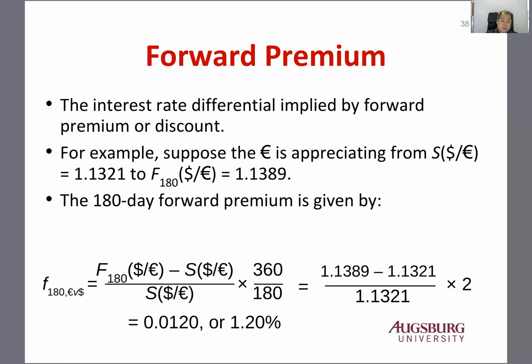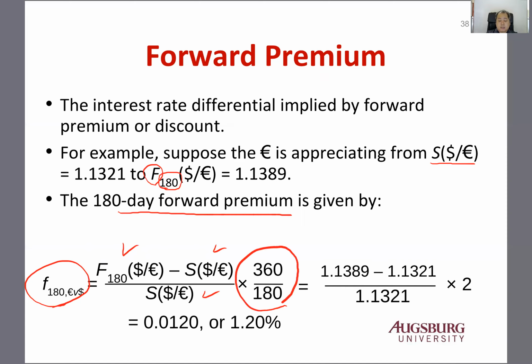The interest rate differential is implied by the forward premium or discount. For example, suppose the euro is appreciating from spot to forward 180 days. Then the 180-day forward premium is given by forward minus spot, divided by spot, and this is annualized. 180 days is basically 6 months, so even though we have 365 days, we usually just use 360, so times 2.